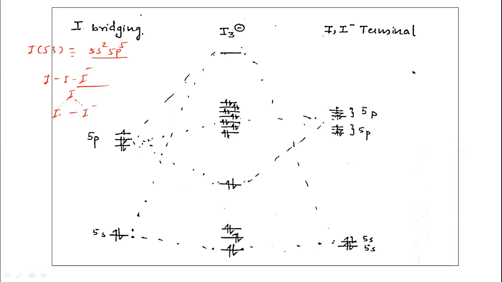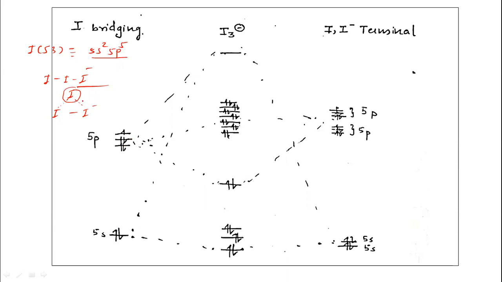This iodide is terminal, and this iodine is the bridging iodine. So let us see the MO diagram. 5s2, 5p5.